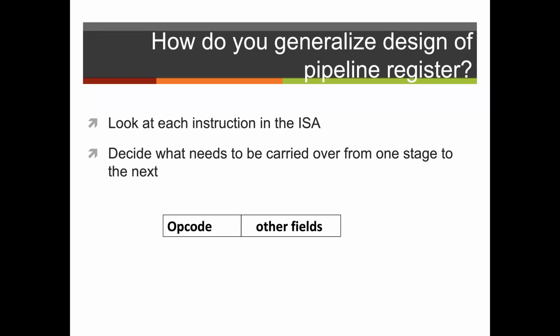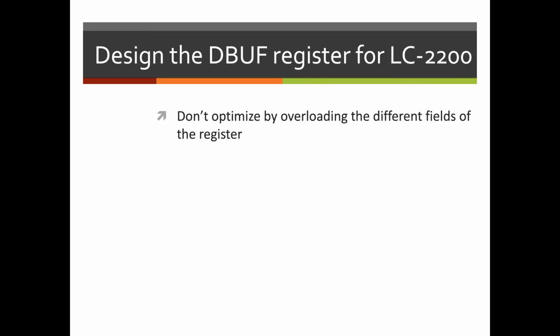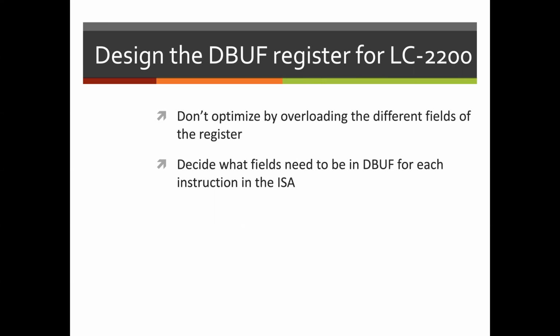If we were to design the DBUFF register for our LC2200 instruction set, we want to make sure that we don't optimize by overloading the different fields of the register. We consequently need to decide what fields need to be in the DBUFF for each instruction in the instruction set architecture.